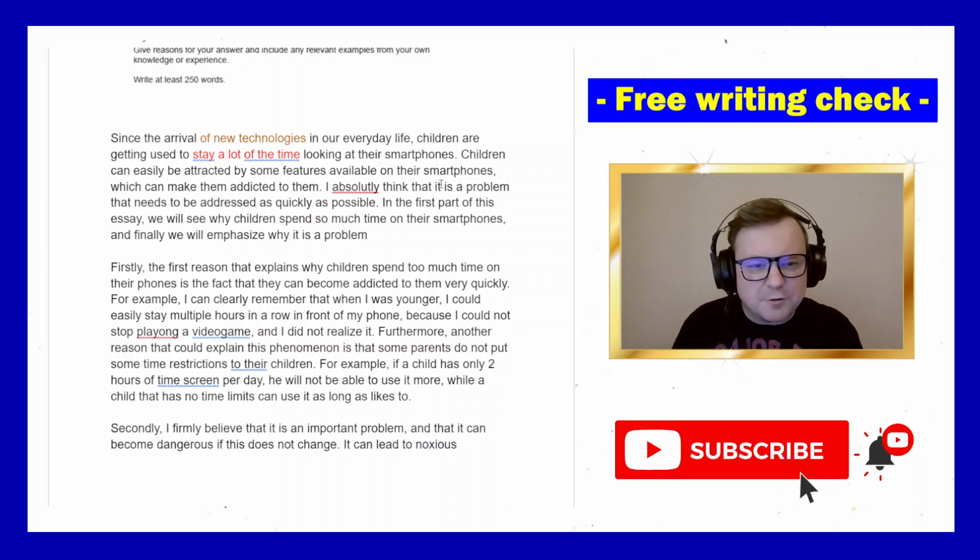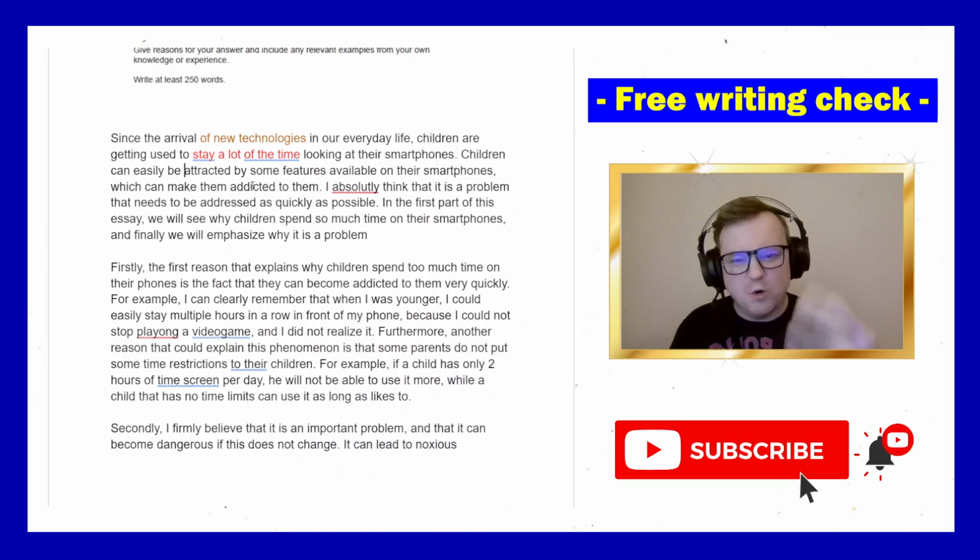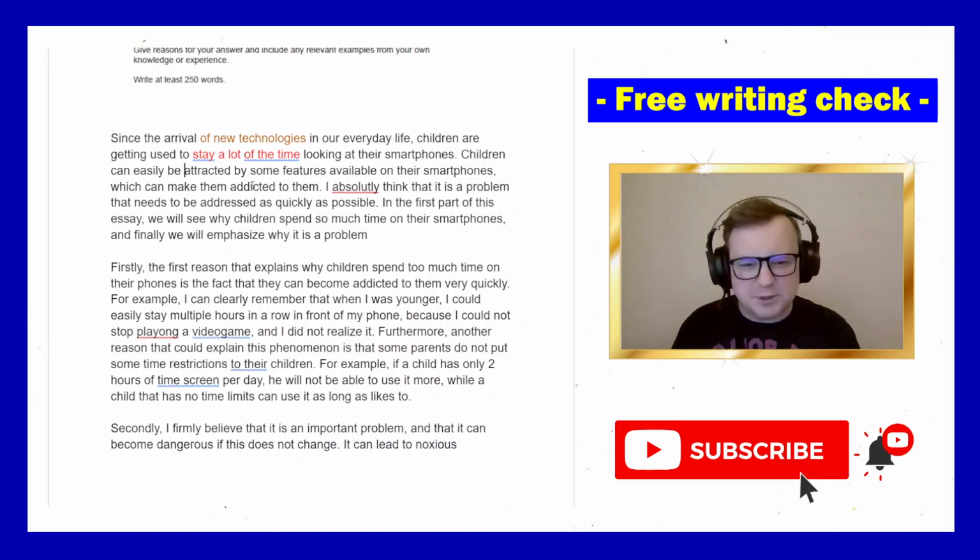"Looking at their smartphones. Children can easily be attracted by some features available on their smartphones, which can make them addicted to them." It's a little bit simplistic, the cause and effect of addiction there, but okay. "Absolutely" is spelt incorrectly, but it's also kind of emotive language.